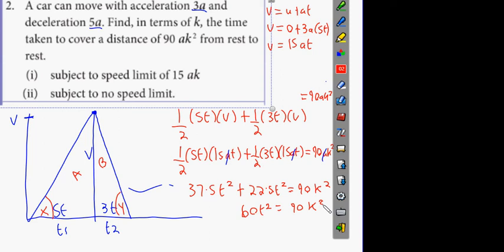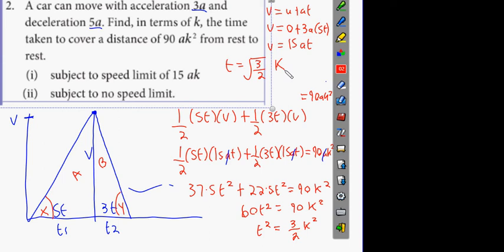And then t squared equals 3 over 2 k squared. So I'm going to square root both sides, and t is going to be the square root of 3 over 2 k. Now that's not the answer to the question.